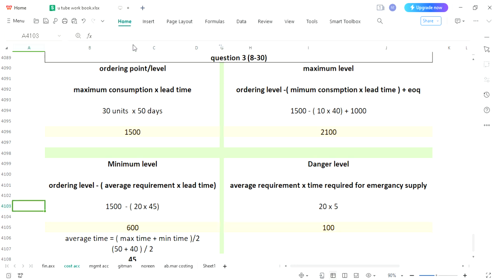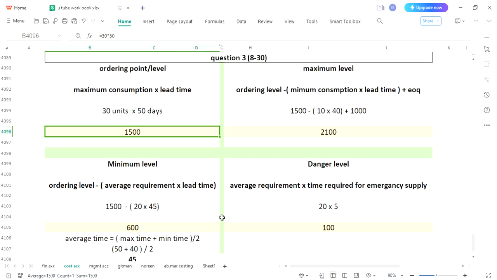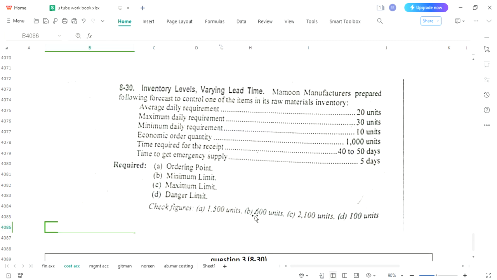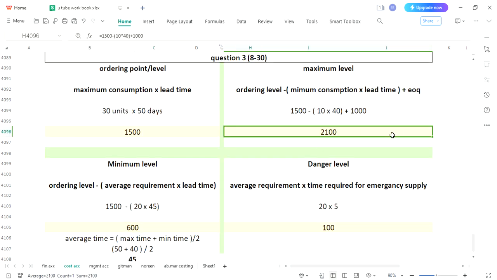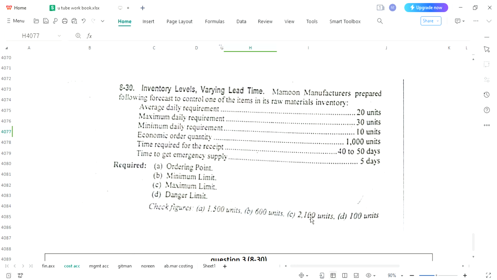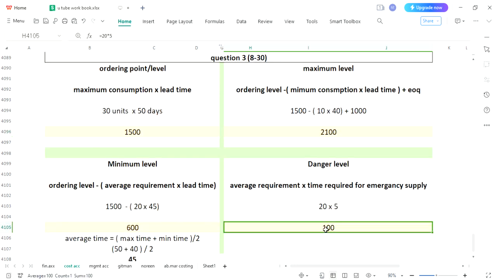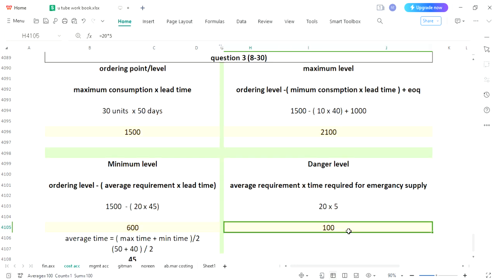We have ordering level 1500, and then you have minimum level 600. Then you have calculated your maximum level 2100, and finally you have calculated danger level, which was 100. It means our review of the question has also been completed.